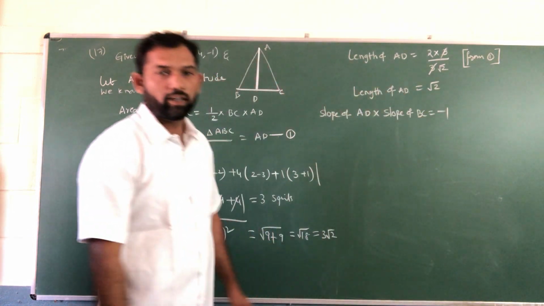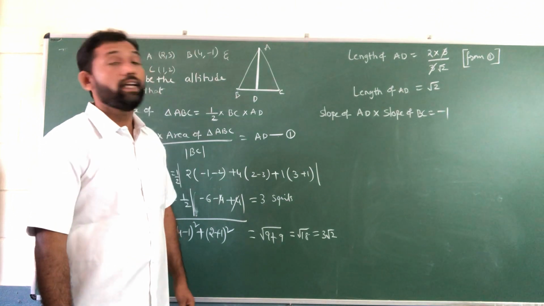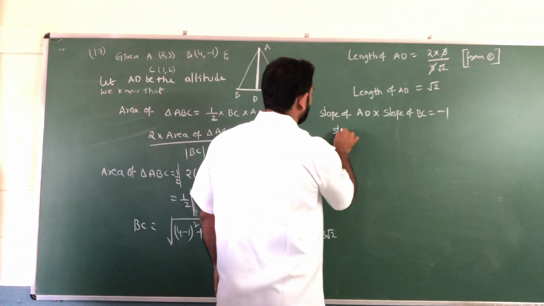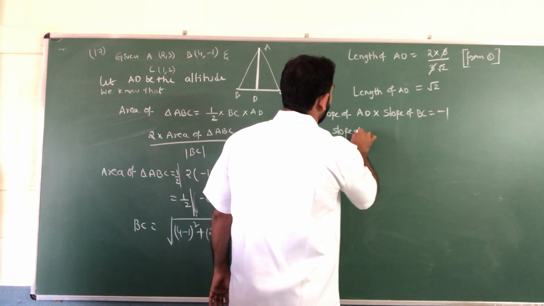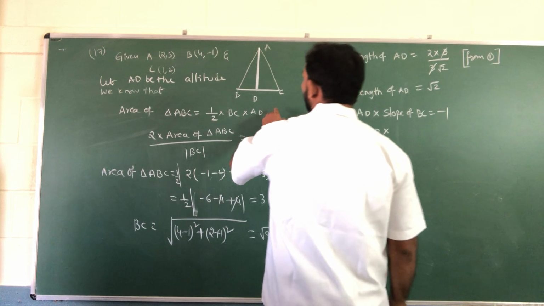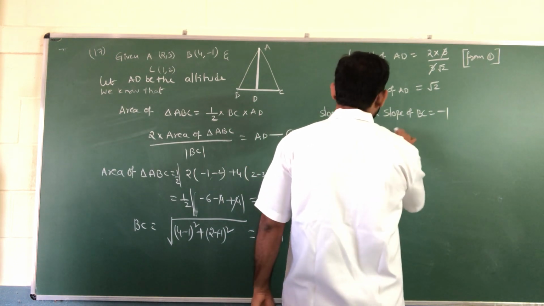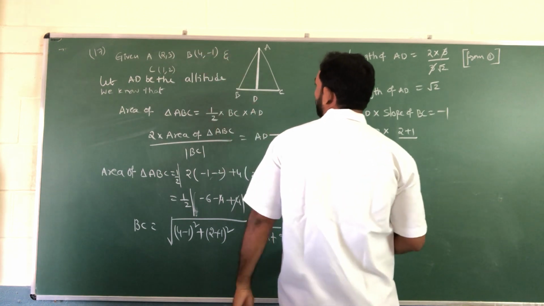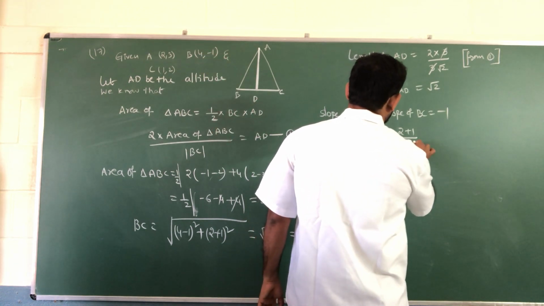Why are these two perpendicular? Now we are going to simplify the equation of AD. So slope of AD into slope of BC, what is the slope of BC?